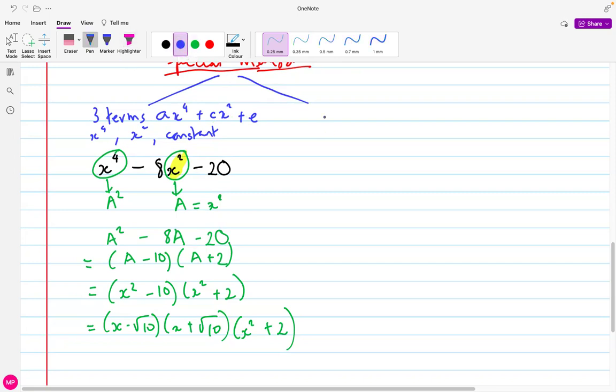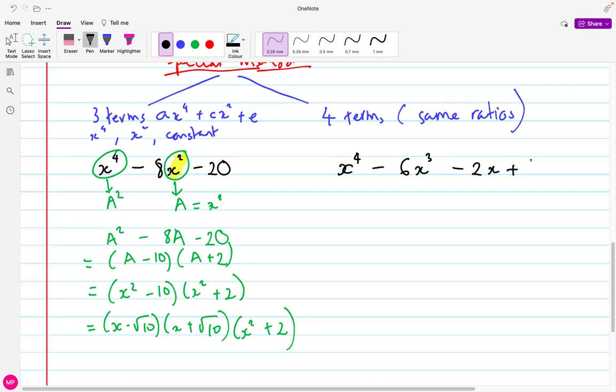One more method is if you have four terms, okay, and they have the same ratio between the first two terms and the last two terms. So let me give you an example. If I have something like x4 minus 6x cubed, something like that, and then minus 2x plus 12.